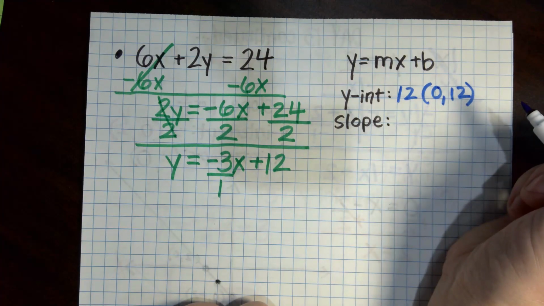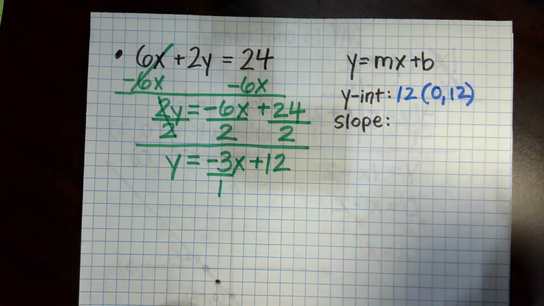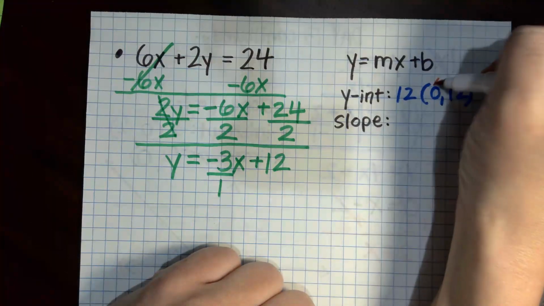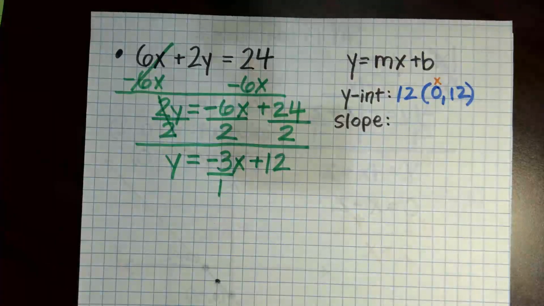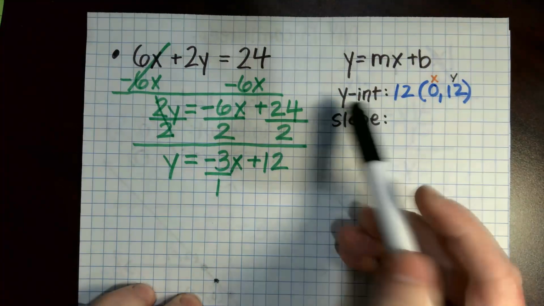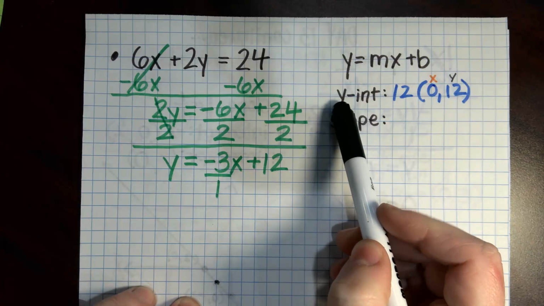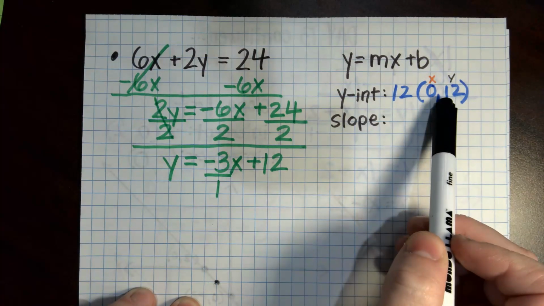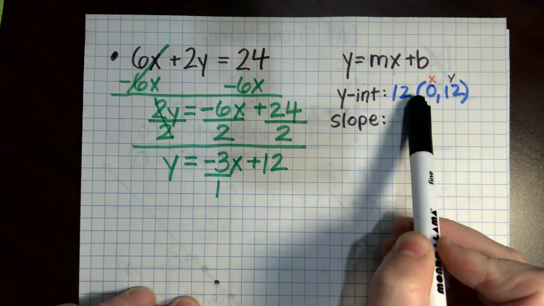Because this is on the y-axis already, x is zero. Yes. So anytime we're looking at a coordinate, the first term is an x, and the second part is our y. Our y-intercept is telling us where the line touches the y-axis, so we need a y value here. Our x is going to be 0.